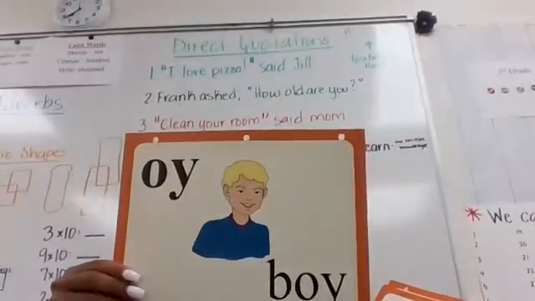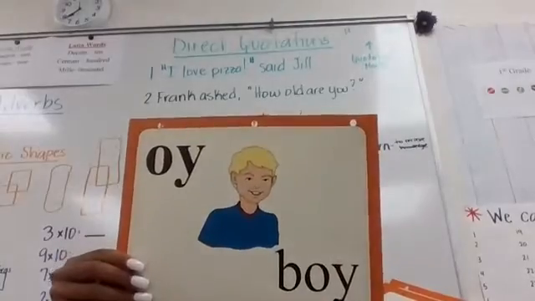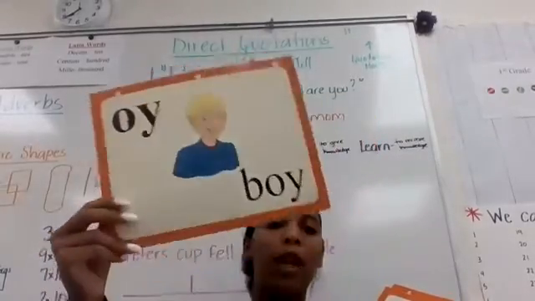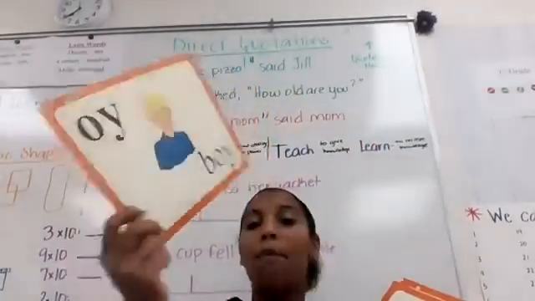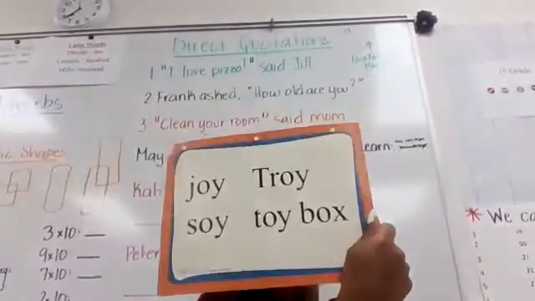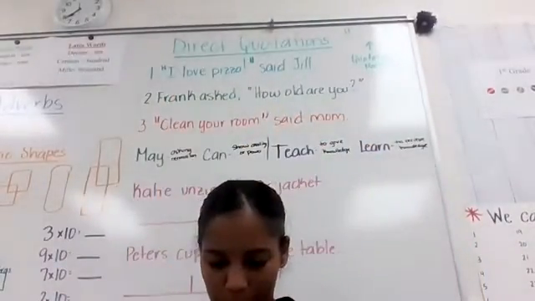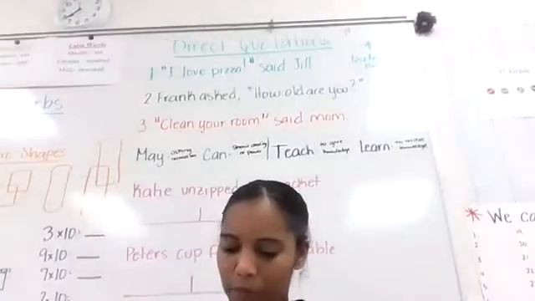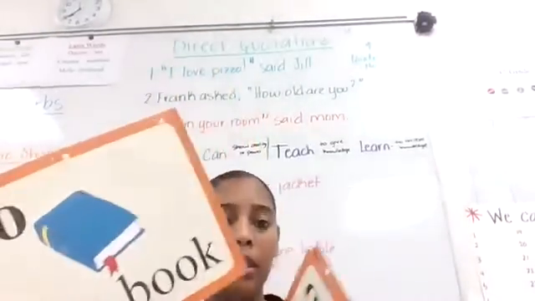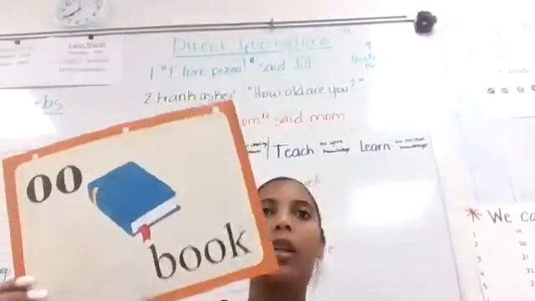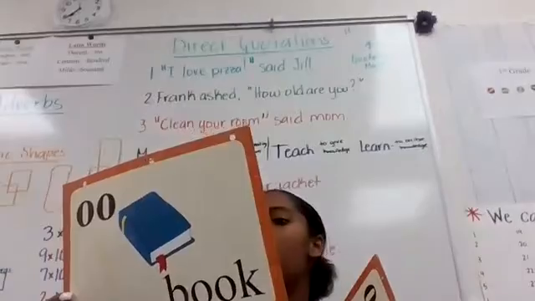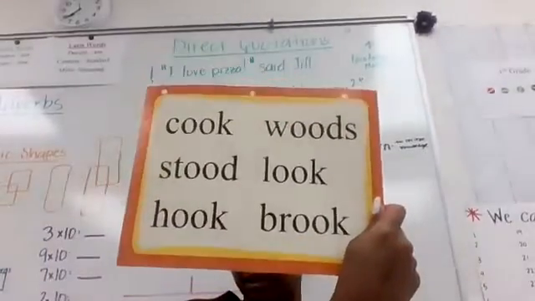OY says oi, like in boy. Okay, this is whenever we have happiness in our souls. Joy. The Lord gives us joy. OO says oo in book. Okay, this is where you go hunting.